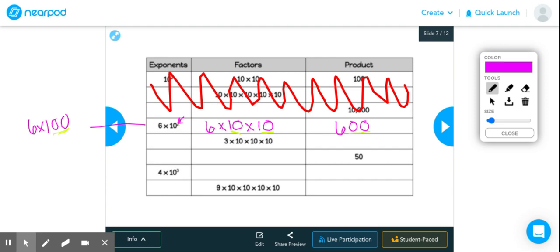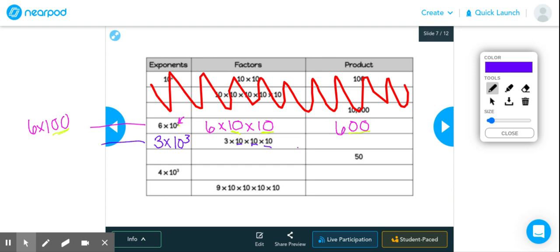So the next one has the information in the middle. They're giving us 3 times 10 times 10 times 10. Well, I know that means I have the number 3 times 10 to the 1, 2, 3, to the third power, because there are 3 tens.